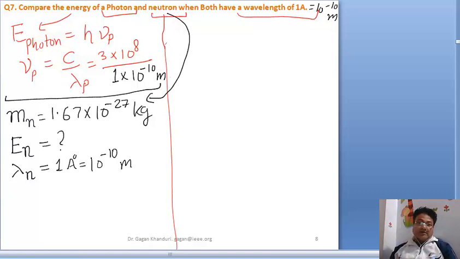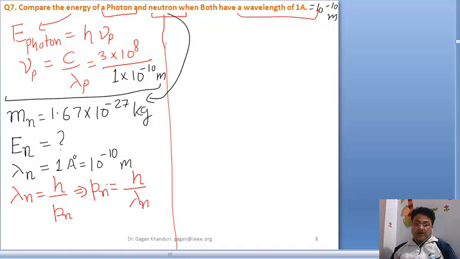It is a matter particle, so lambda of neutron must be equal to h upon p, momentum of neutron. Therefore, momentum of neutron can be given as h upon lambda n.